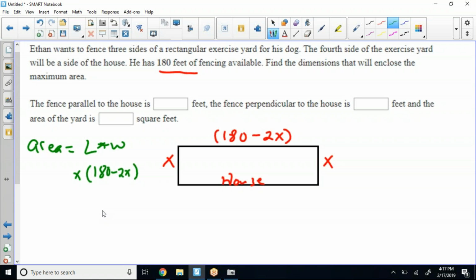The 4th side is the house. So we have X and X, 180 minus 2X. Yeah, okay, that'd be right. So we'd have 180X minus 2X squared, right? That would be our area.